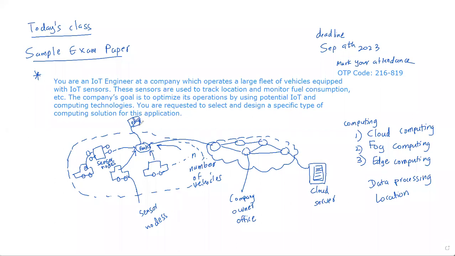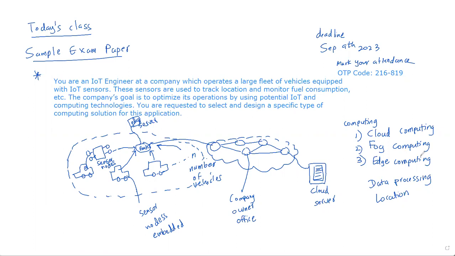So the edge server also can do the computation in edge computing. Also, the sensor nodes based embedded system can also do the edge computing. Therefore, there are many methods and many locations where we can do edge computing. So that is how the computing technologies are divided.